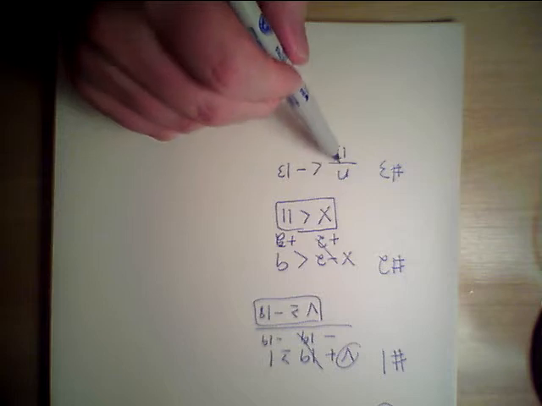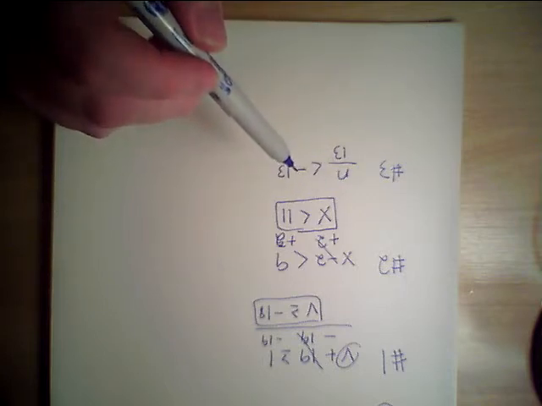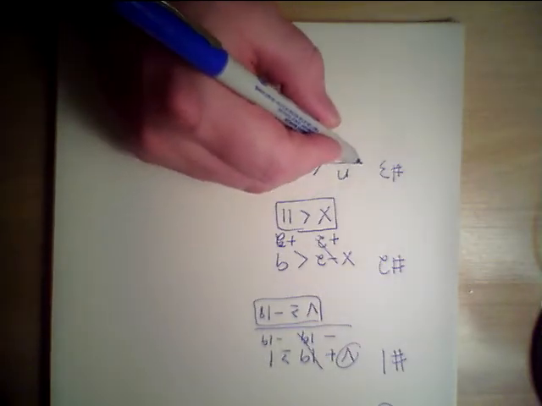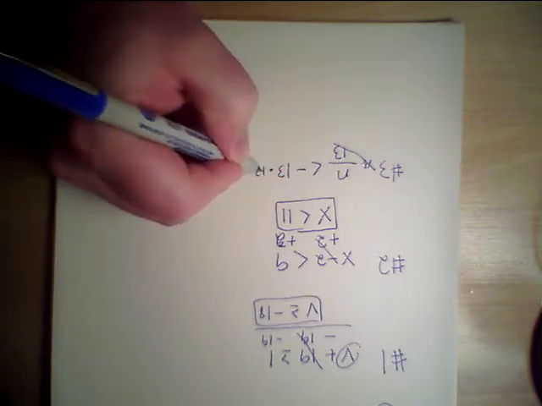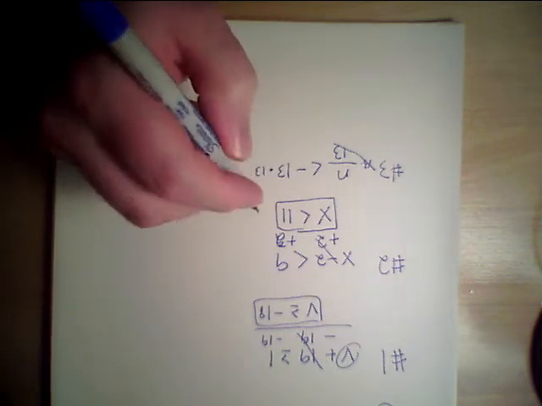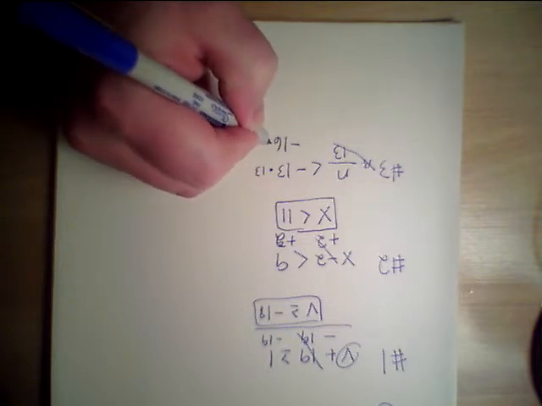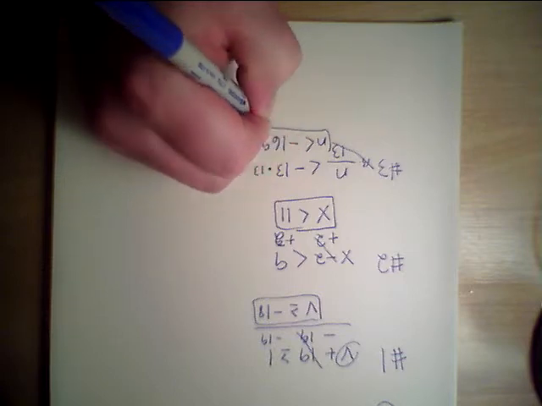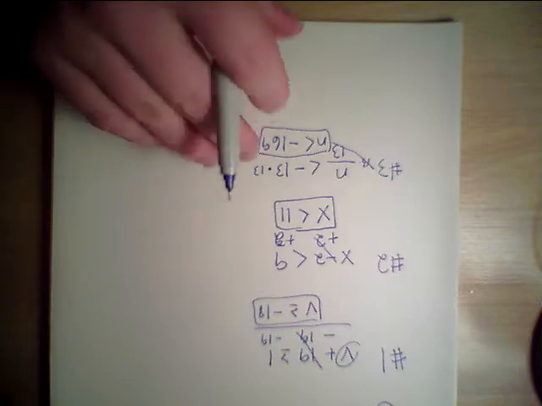We had an n, we divided it by 13, so we'll multiply both sides by 13. Those cancel, and we take -13 times 13, which is -169. And then we have the n left on the other side. So n is less than -169.